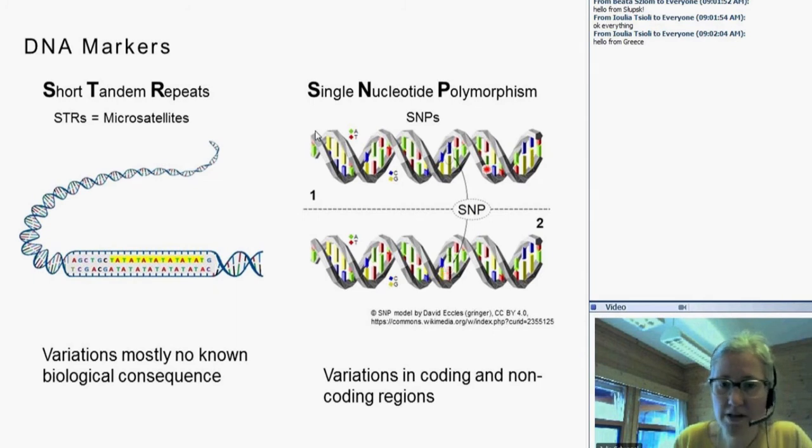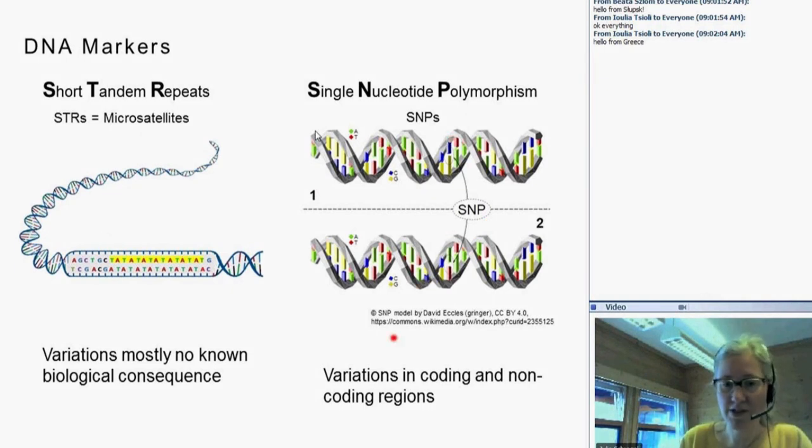So these two strings of DNA are identical apart from this one base pair or nucleotide pair here. Otherwise they are identical. And these types of places, we have a lot of them in our DNA, where everything is identical apart from one pair of nucleotides.